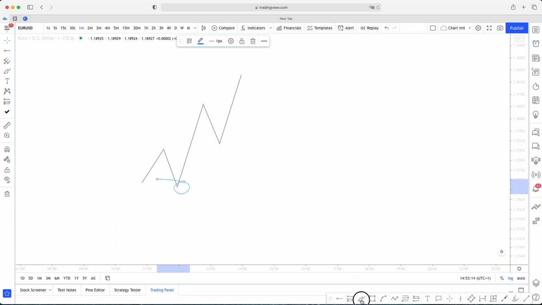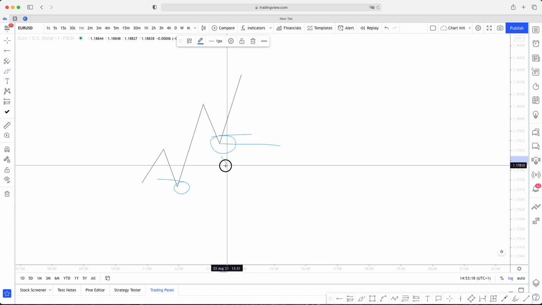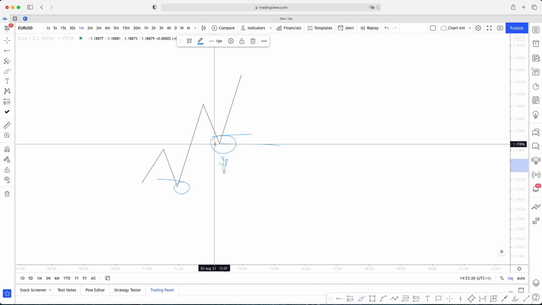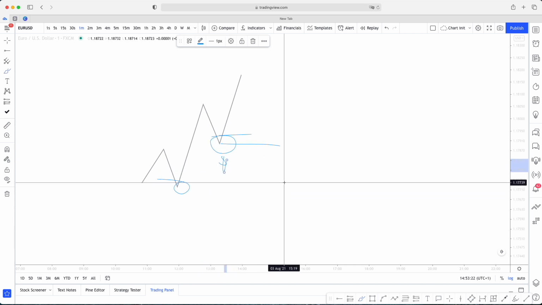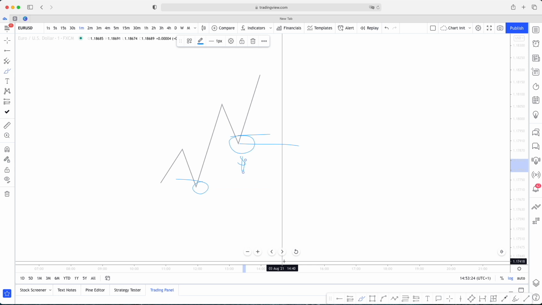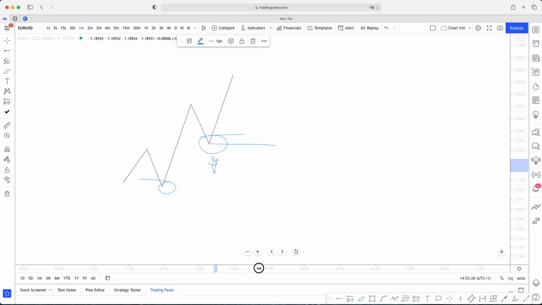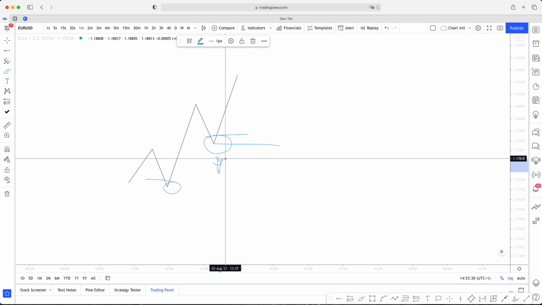And this can be used as a liquidity point. But we will never know where price is going to react. If we knew that, then obviously we'd all be millionaires. We need people to lose. That's how the markets work. We need people to lose so we can win, and we need to lose so other people can win. That's just the way that things go.